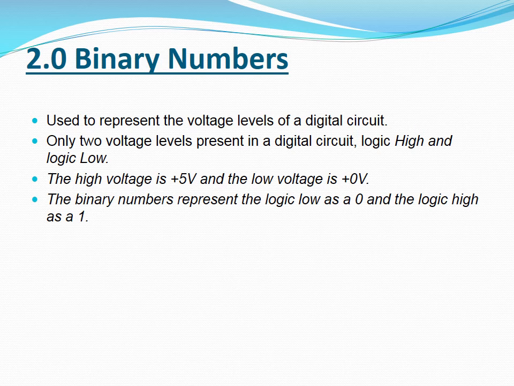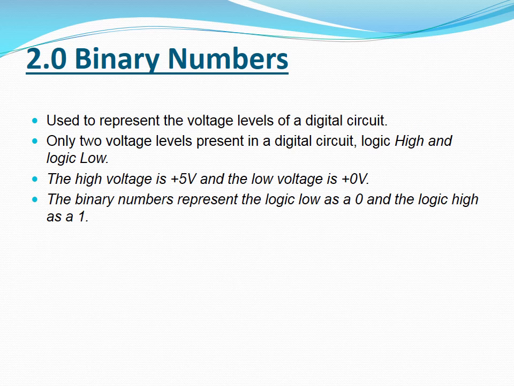Binary numbers are used to represent the voltage levels of a digital circuit. Only 2 voltage levels are present in a digital circuit: logic high and logic low. Low is represented by 0 and high is represented by 1.